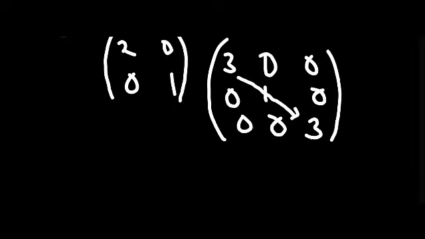Which then takes me to the next one, which is called the symmetric matrix, which is number 5, symmetric. So a symmetric matrix is just a matrix for which the transpose of the matrix is equal to that same matrix. So if you have matrix B, it means matrix B is equal to B transpose.